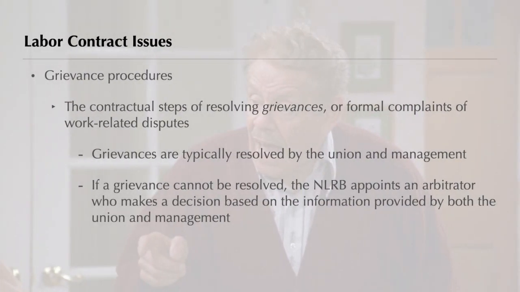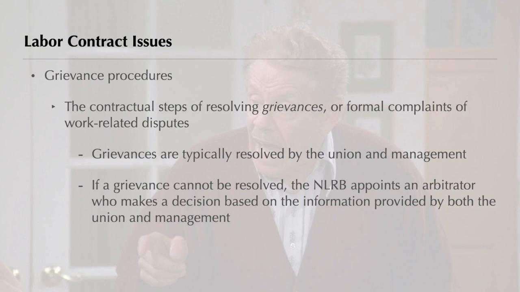When a work-related dispute arises, either labor or management may seek resolution by following a particular set of steps. For example, suppose that one of the tour guides feels that she is not receiving as many tour assignments as she should. If union representatives agree and feel that management has violated provisions outlined in the labor contract, the union may begin grievance procedures.